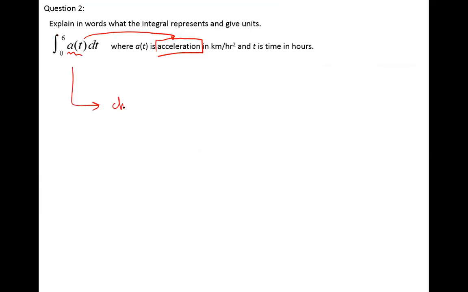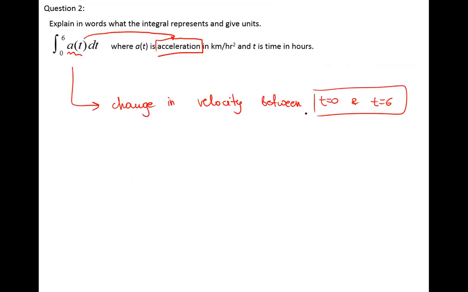I can write this: change in velocity, of course, between 0 and 6 hours. The velocity will be measured in, we are always losing one unit in the denominator, so this will be kilometers per hour, which of course is obvious, not hours squared.